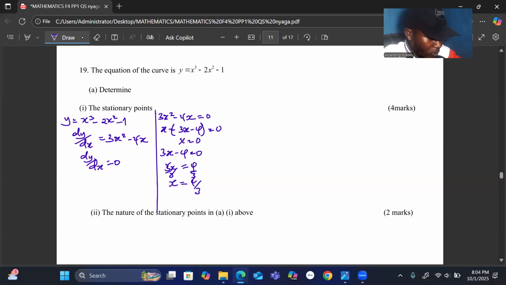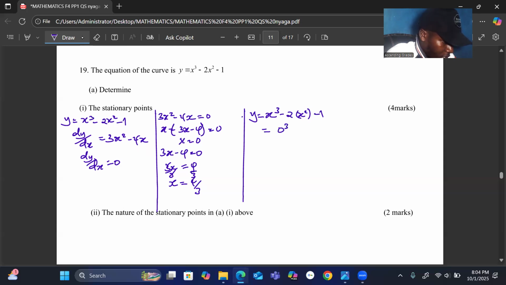And we have y is equal to x cubed minus 2x squared minus 1. So when x is 0, we have 0 cubed minus 2 into 0 squared minus 1.